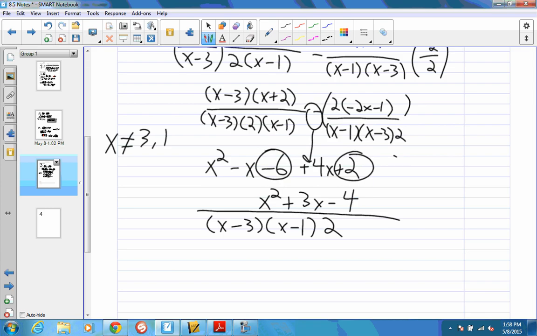The top is negative 4x minus 2, and you've got to distribute the negative. This negative sign got distributed there, right in the middle. That's kind of why I do them separate, right? That makes sense. Okay. Good.